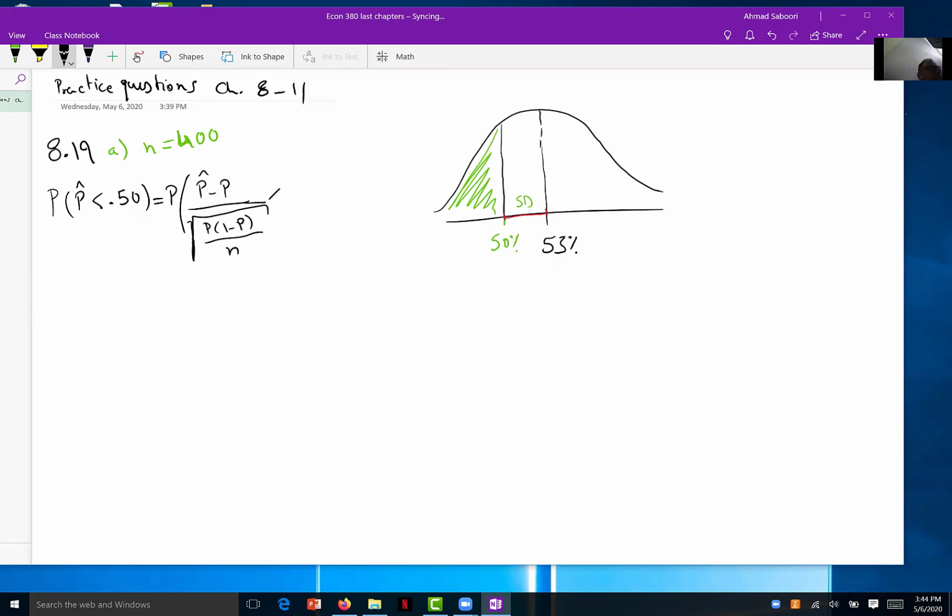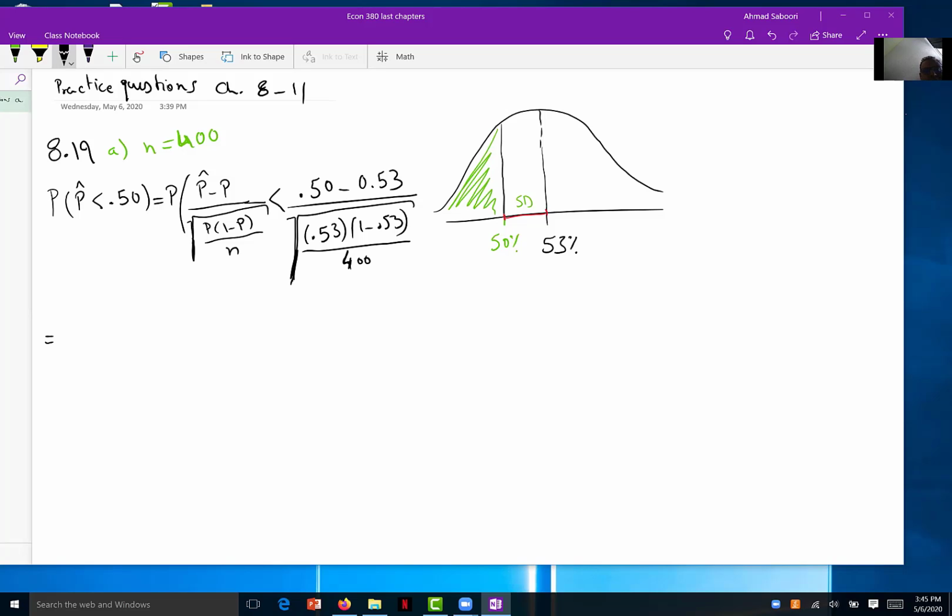That whole thing is smaller than 0.50 minus 0.53 divided by, and of course I take here the population proportion. I take the assumption that I'm testing here, right? The assumption of the hypothesis that I'm testing, which is 53%, multiplied with 1 minus 53%, and that whole thing divided by 400. And of course, the square root goes over the whole thing, so it has to go down. It's numerator and denominator. Okay, it's just plugging in the values and calculating.